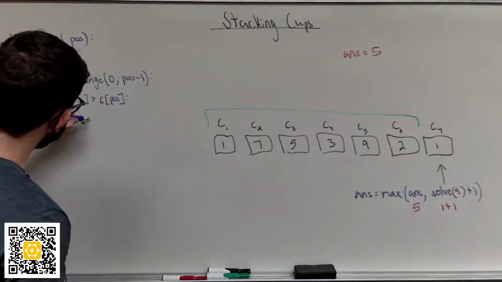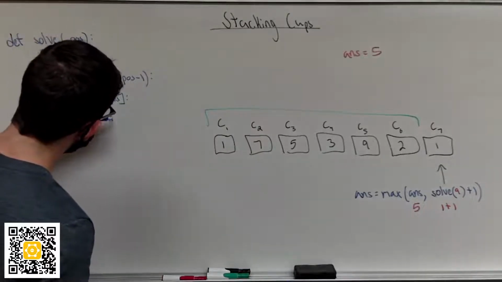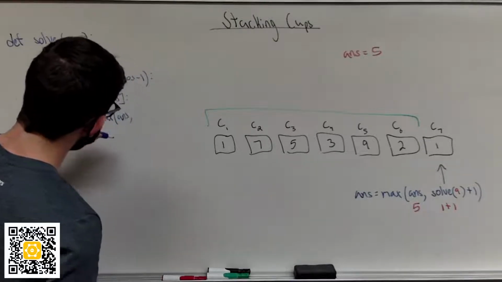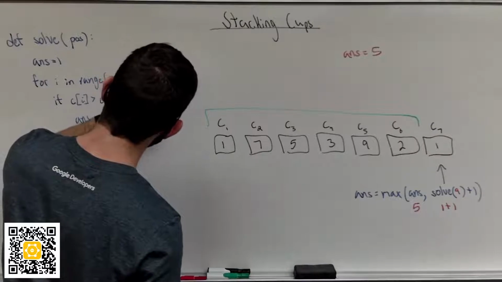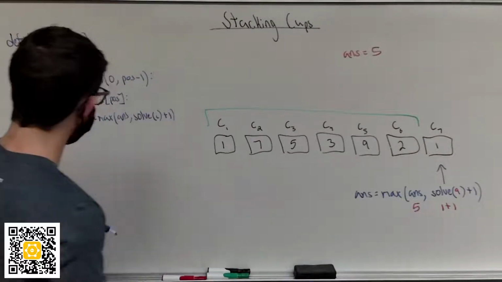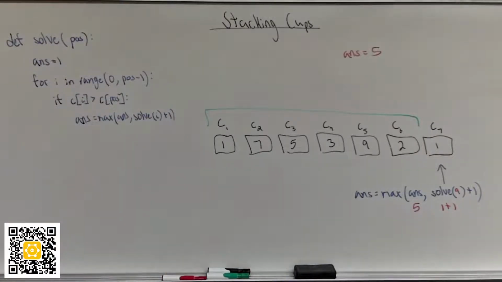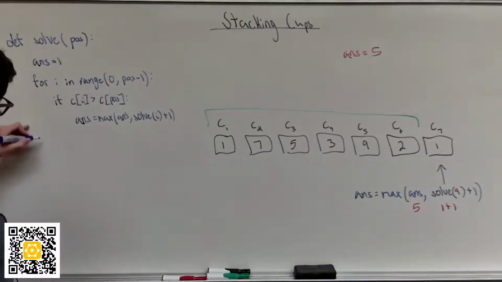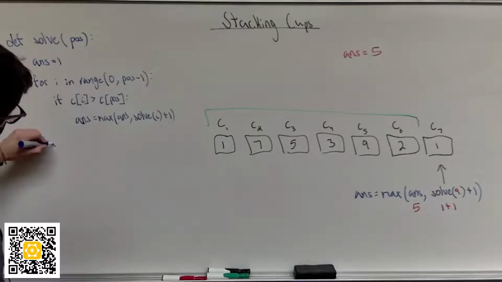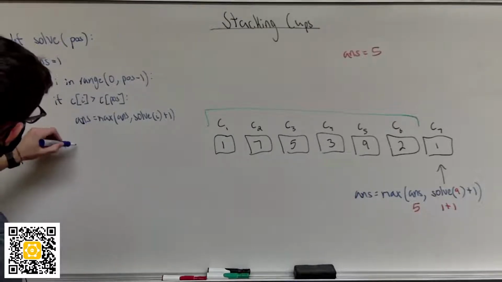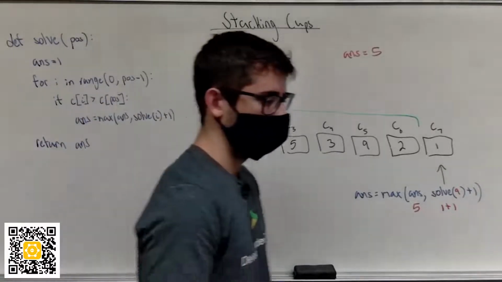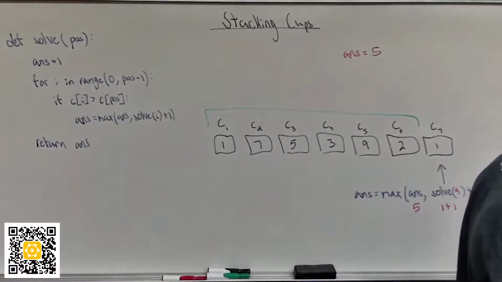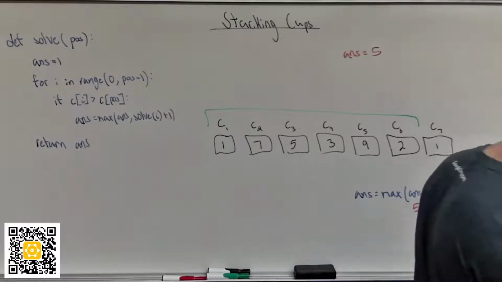Answer equals max and then solve I plus 1. Oh, that's the DP part. Yes, this is the DP part. And then of course we just return our answer. So it's just a vanilla recursive solution. This is not memoized yet.